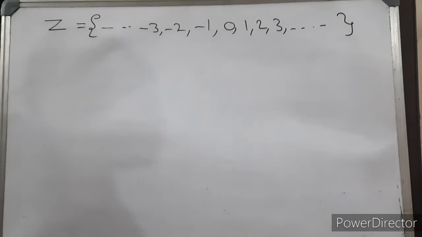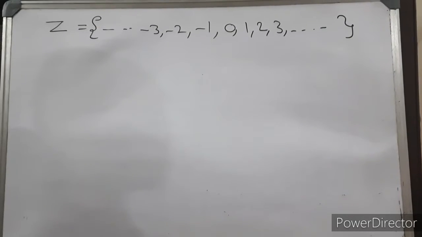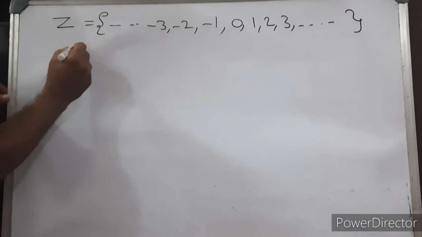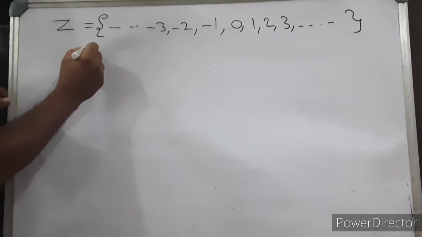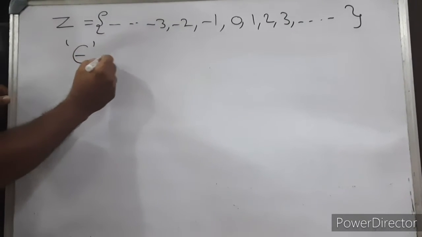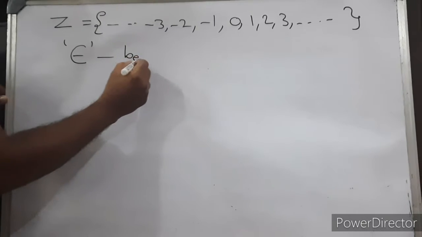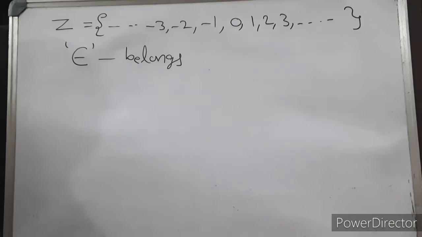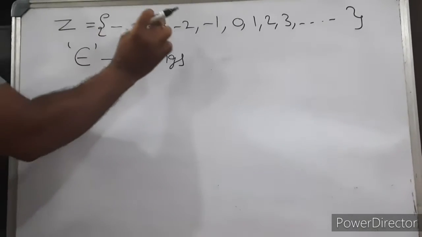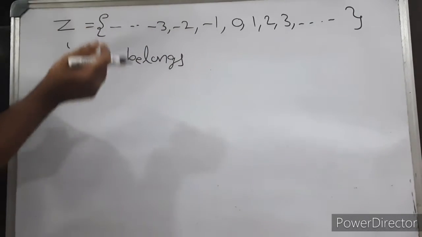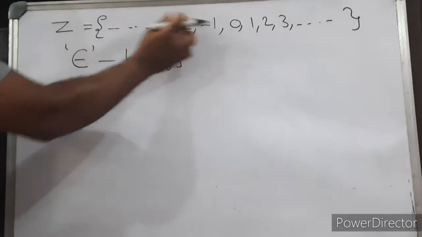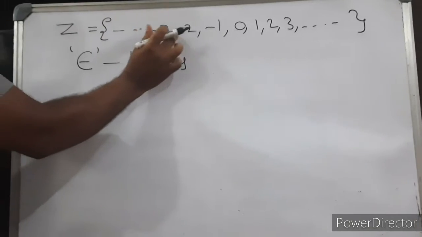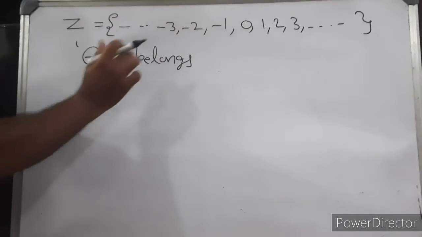And we also have to learn about some symbols, that is, belongs. So this symbol denotes belongs. That means -2 belongs to Z, -1 belongs to Z. That means Z contains these integers, these numbers.